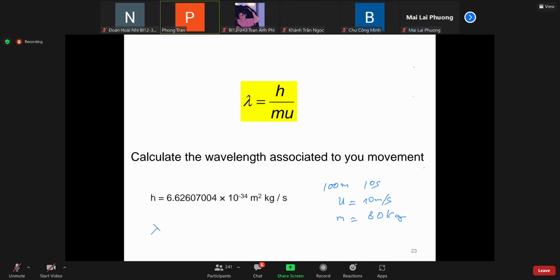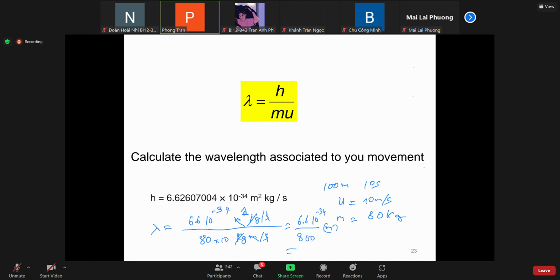Now you can calculate lambda equal to 6.6 times 10 to the power minus 34 kg m squared per second, over 80 kg times 10 meters per second. You can cancel the units, and it becomes meters. So it is equal to 6.6 times 10 to the power minus 34 over 800 meters.